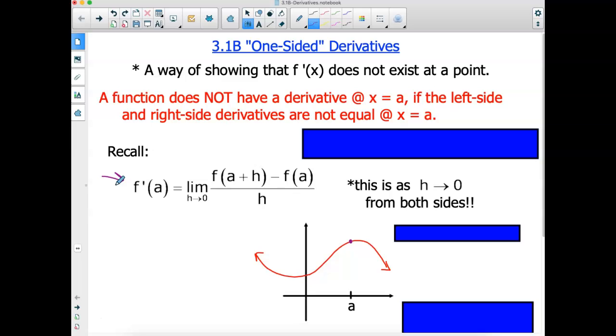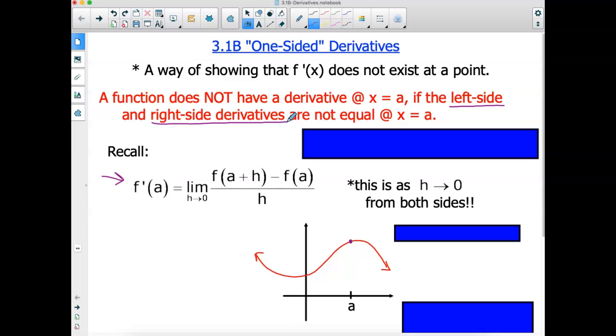And what we're going to do is find a way today, and you're going to have to be able to prove this, to show that a derivative does not exist at a point, okay? Because a function does not have a derivative at a point, x equals a, if the left side and the right side derivatives are not equal at x equals a.